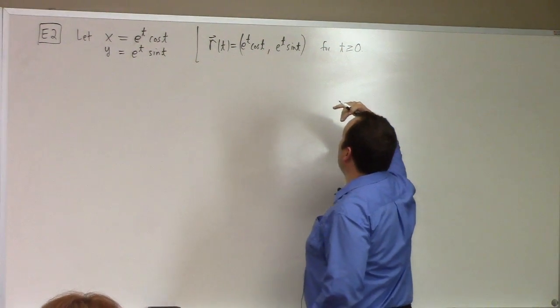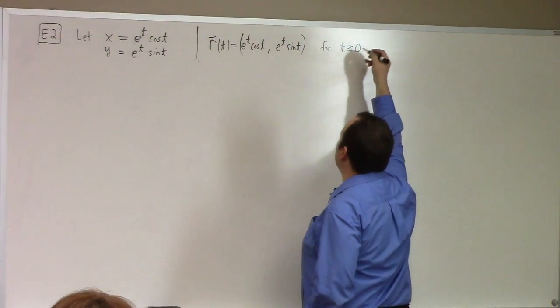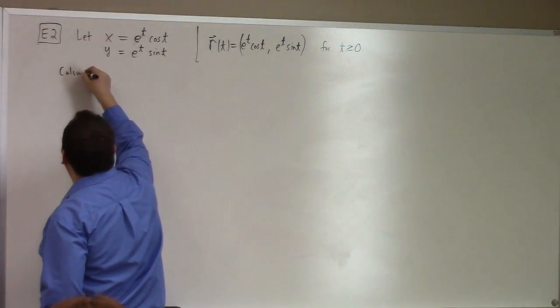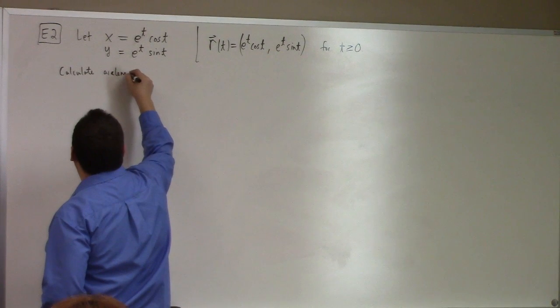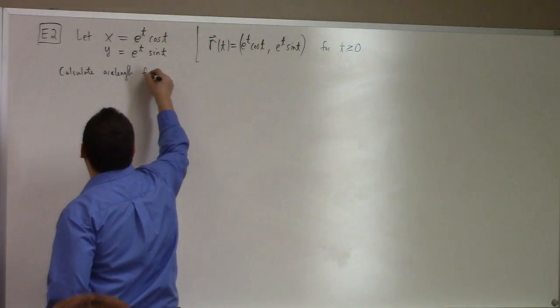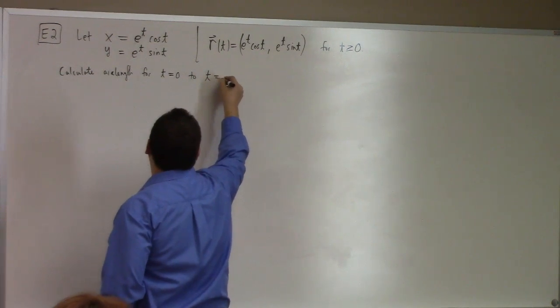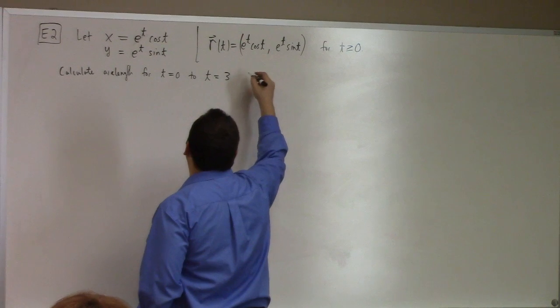But I want to find the arc length for a specific thing. So let's calculate arc length for t equals 0 to t equals, I don't know, 3 part of this curve.